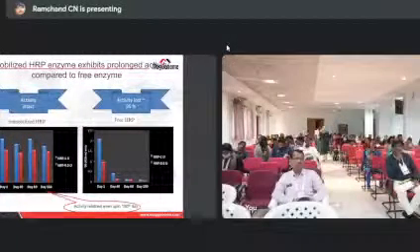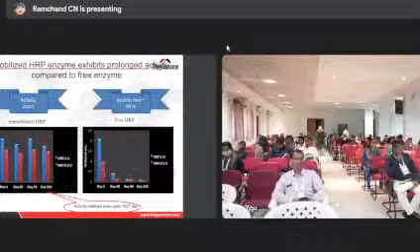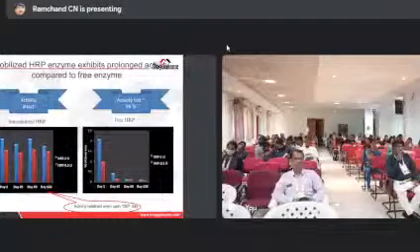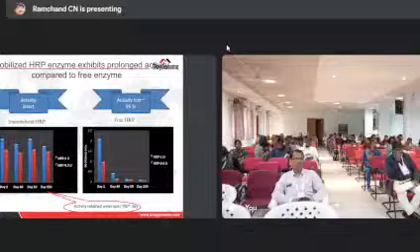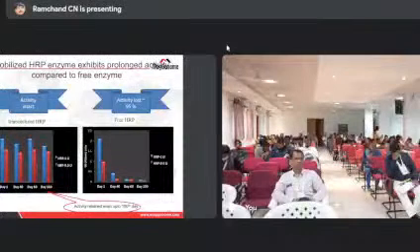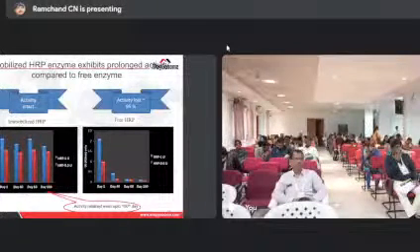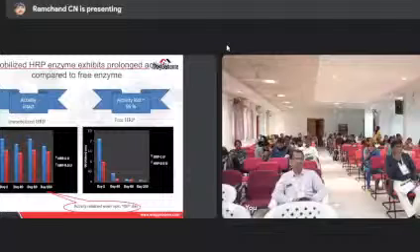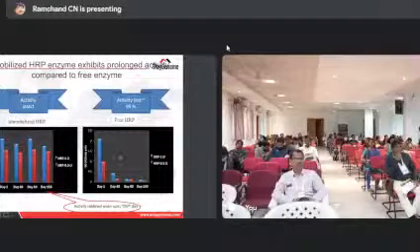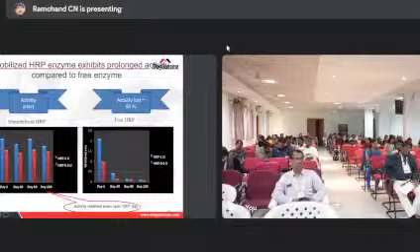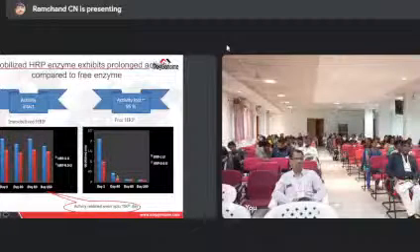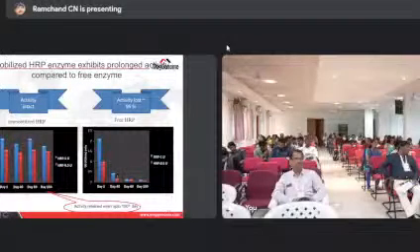Another thing we have found is that once we have immobilized, the activity is not lost for a very long time, and even at normal temperature, 37 degrees, the activity remains. On the other hand, for example with horseradish peroxidase, you can see both cases. On the right-hand side, the activity is lost within a few days. On the other hand, in this case, it remains.